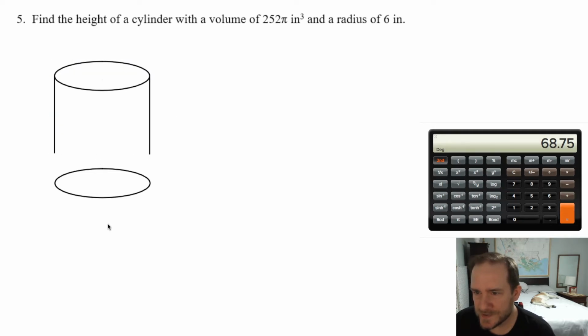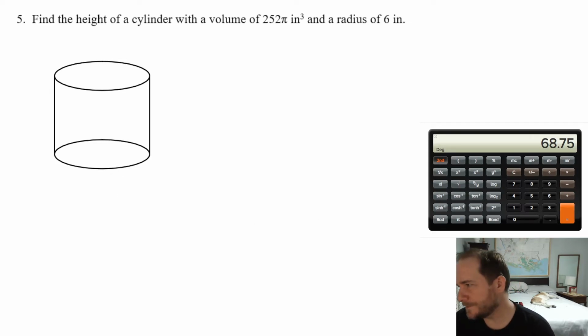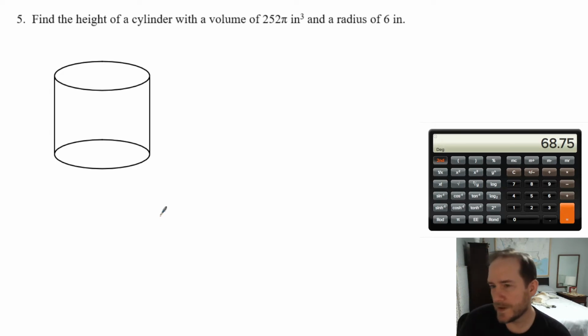I don't know how big. Let's say that big. But let's label what we know, and then let's figure out what we need to know. So for this problem, they're telling us the volume is 252 pi. They're also telling us that we have a radius of 6.